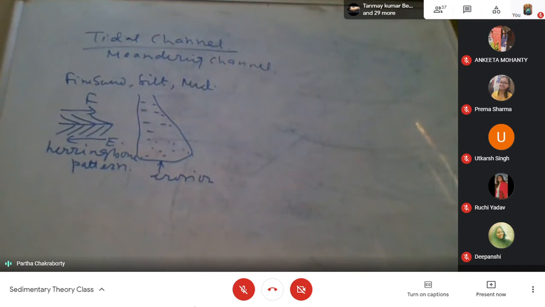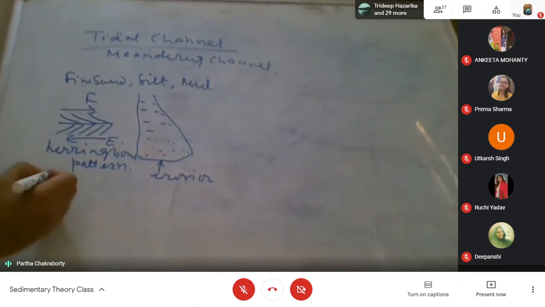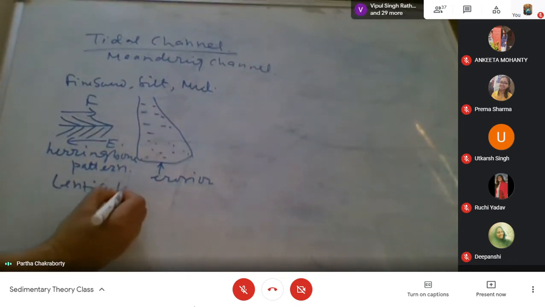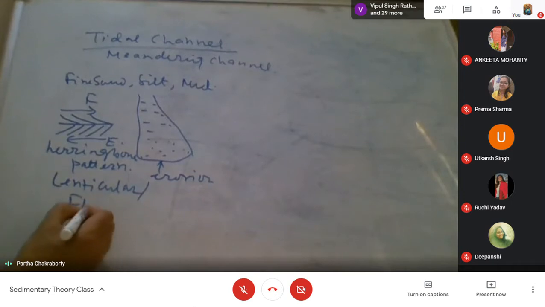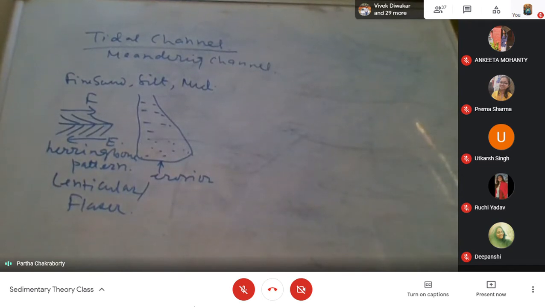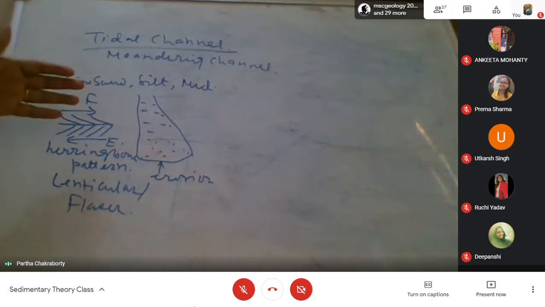So if you get the herringbone pattern, you may also get the presence of the lenticular bed or flaser bed. All these basically indicate that it is a tidal product. But all tidal channels may not preserve the herringbone pattern.